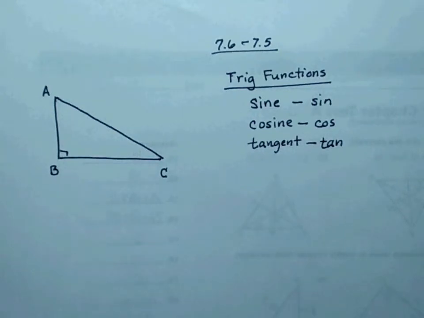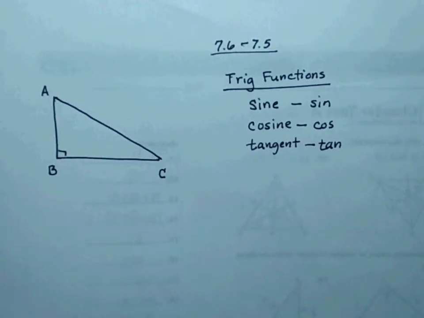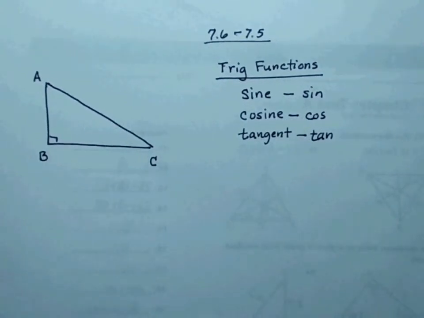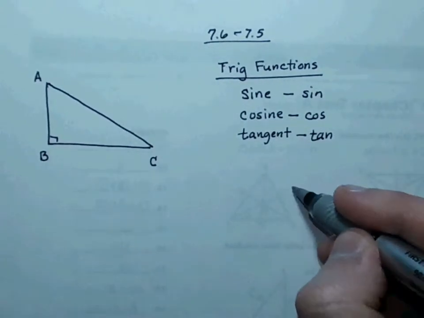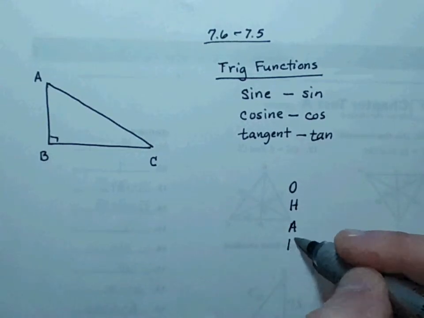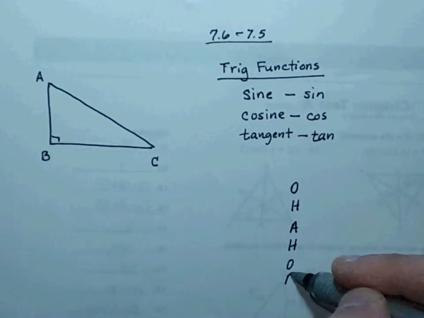So you need to know one of these two different little mnemonic devices. I'll teach you one that I use, and then teach you another one that a lot of people use. One that I use, I say, Oscar had a heap of apples.